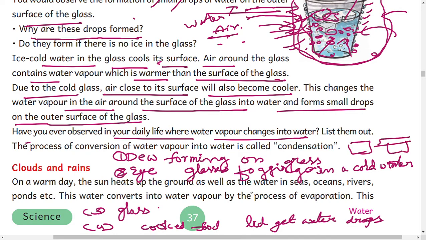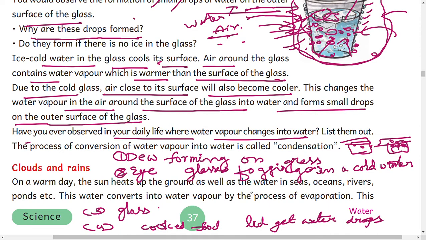After some time, if you open the lids, the lid contains some small water droplets. Where do they come from? The water vapor gets cooled and condensed, and it forms tiny water droplets on the lid. So these are all examples from our daily life situations.